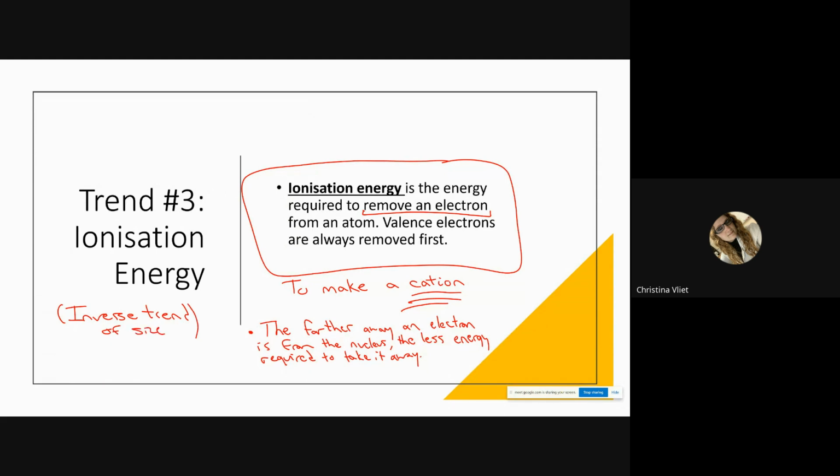So if we know the trend for size, the trend for ionization energy is going to be exactly the opposite. I'm going to give you some time, and then we're going to go back to our periodic table, and we're going to mark the trend for ionization energy. Trend number 3.